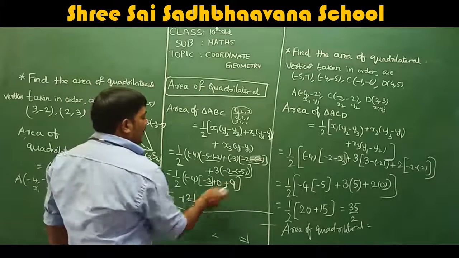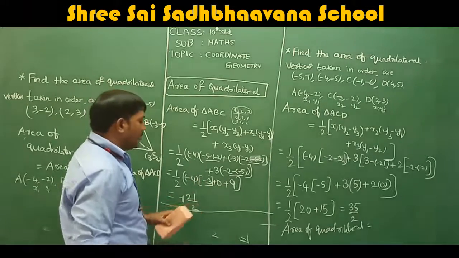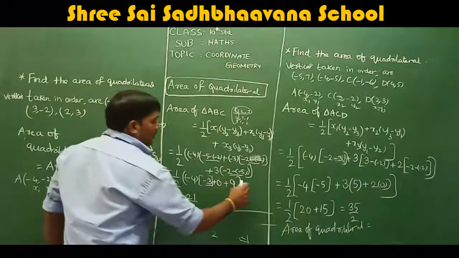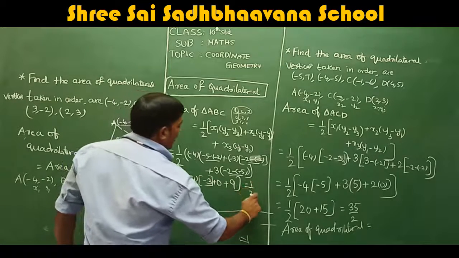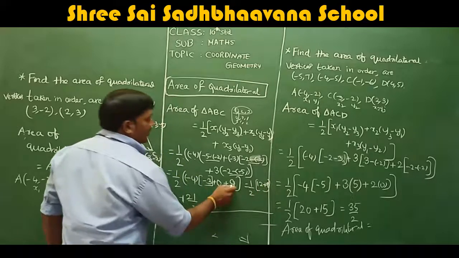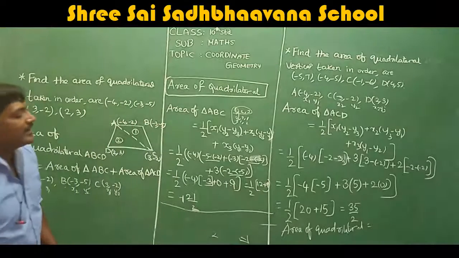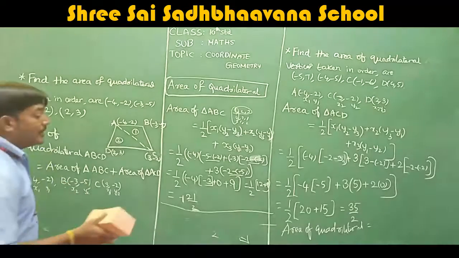So here you will get 9. Correct? Half into -4 into -3 is half into 12. 12 plus 9 is 21 by 2. So the answer will be 21 by 2.